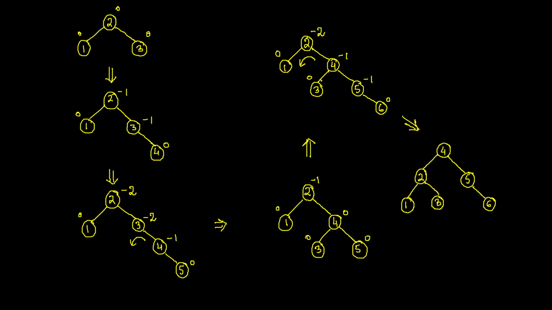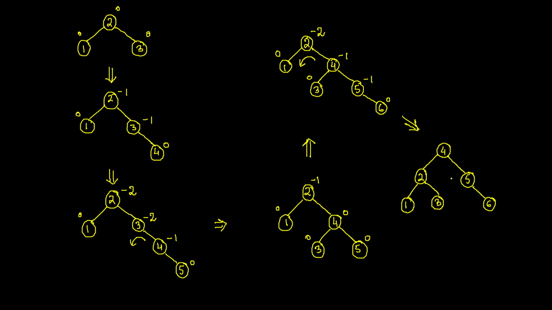And you see, the binary search tree rule has been maintained, because 3 is in the right of 2, and since 2 is in the left of 4, that means 3 is in the left of 4, and it's maintaining the property of BST.